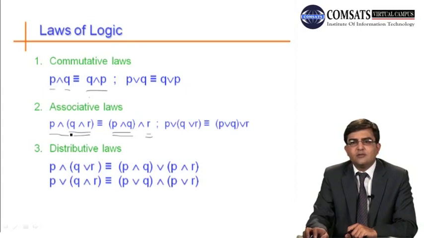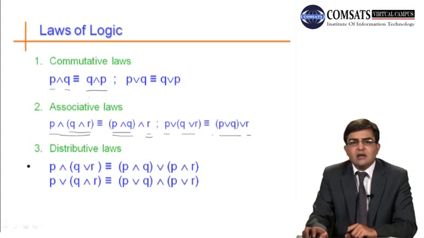This law also holds for disjunctions. For example, here we have P or (Q or R). This is logically equivalent to (P or Q) or R. So here we also notice that we can interchange the brackets.